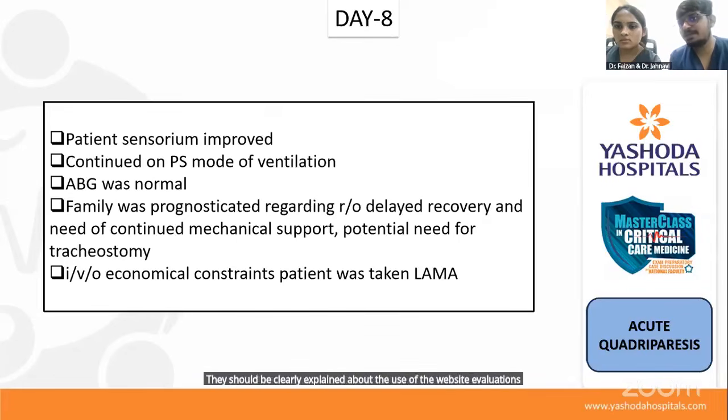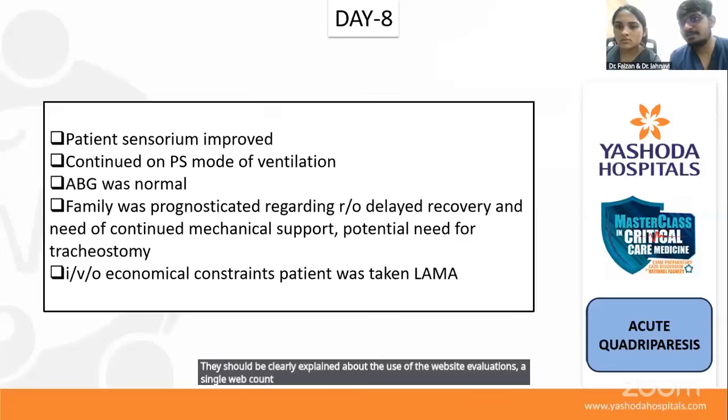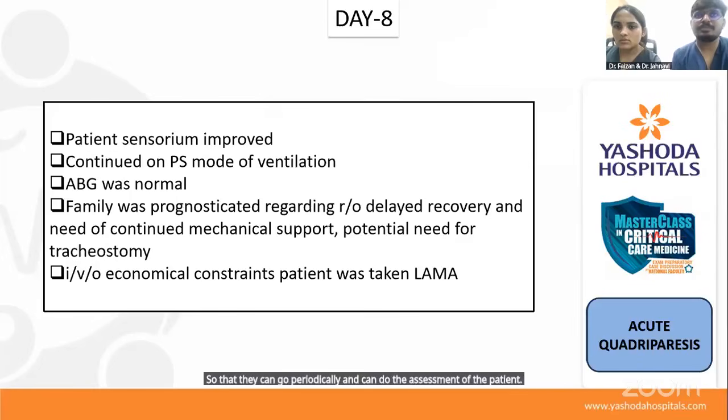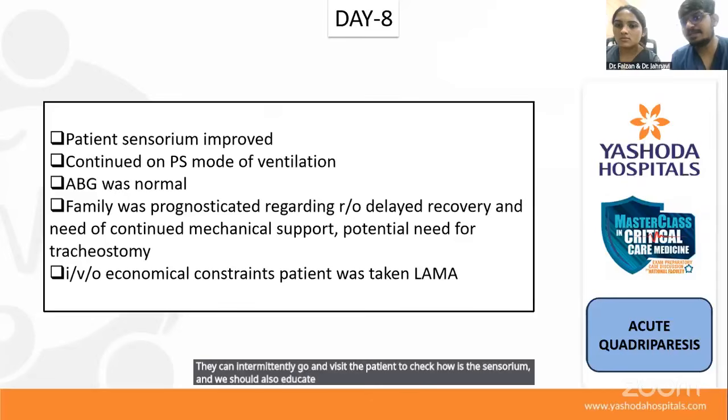A single breath count test should be done, and they should be taught how to do this, so that they can go periodically and do the assessment of the patient. They can intermittently go and visit the patient to check how is the sensorium. And we should also educate the family attendants to inform as soon as possible if there is any deterioration in the clinical condition of the patient.